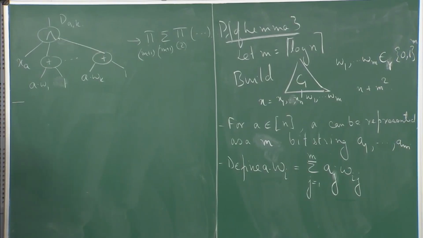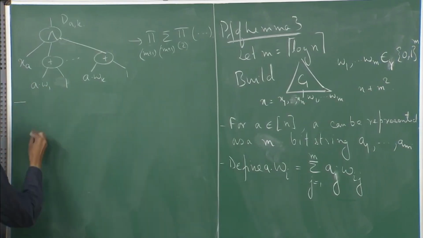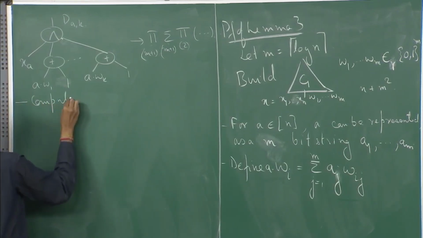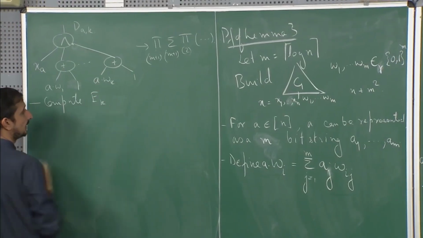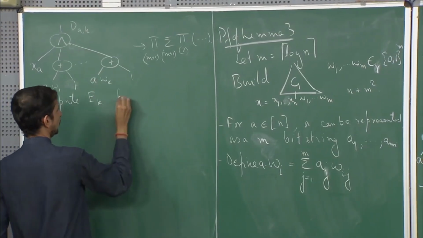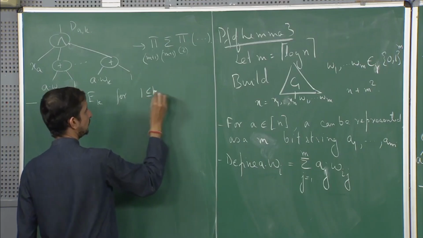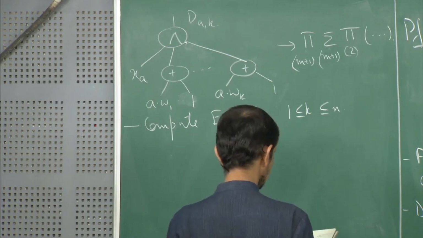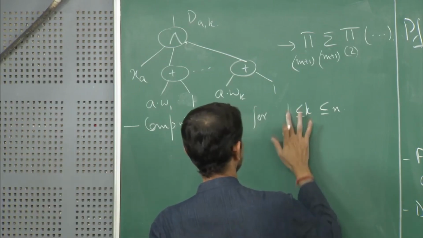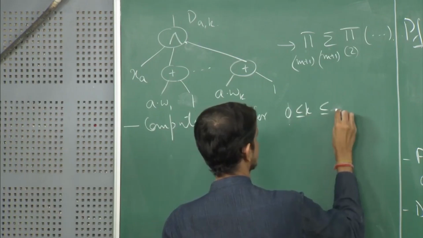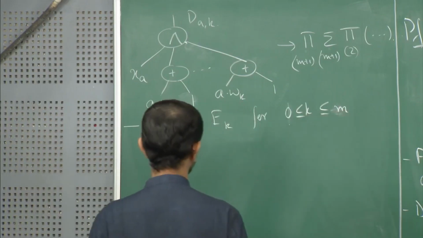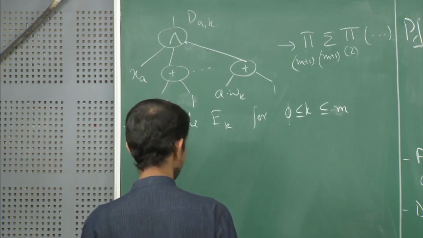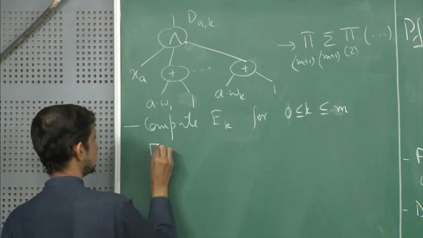So this is our DAK. Next, we add another layer. So we will compute EK, for k from 0 to m, defined as follows.